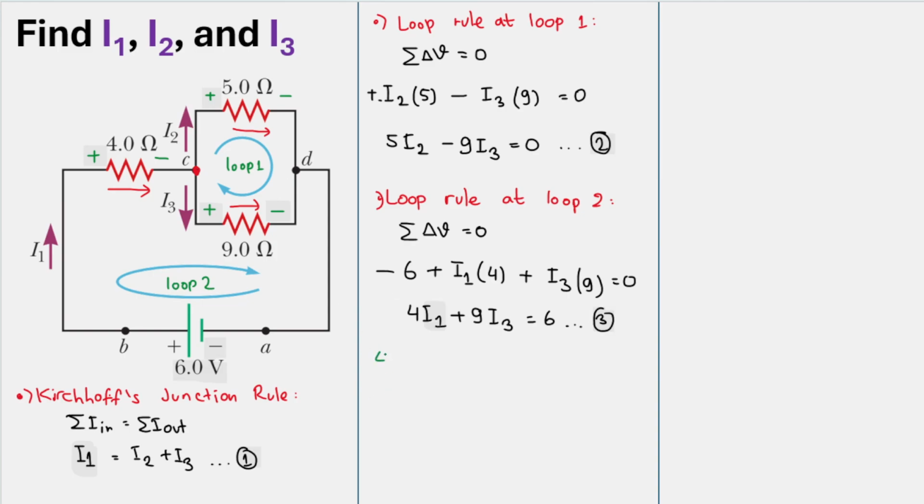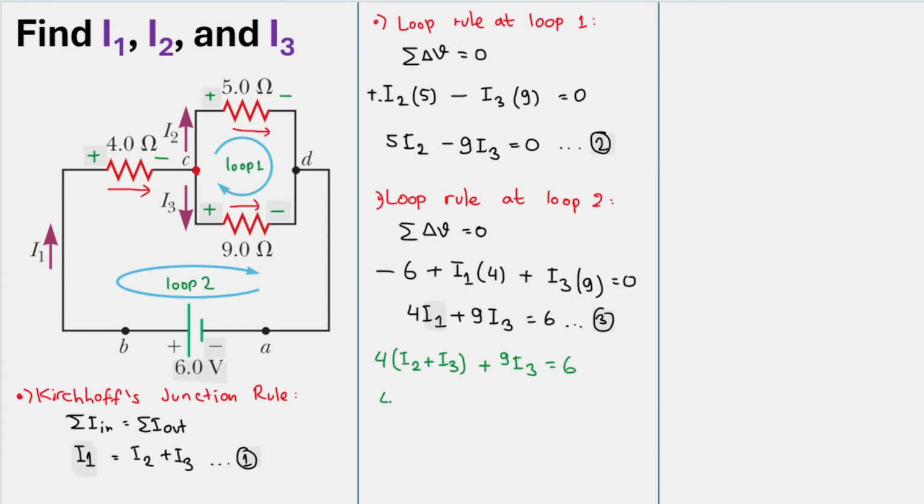So I will have 4 times I2 plus I3, and that one will be 9I3, and then that will equal 6.